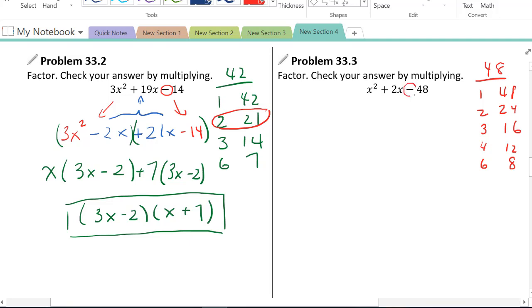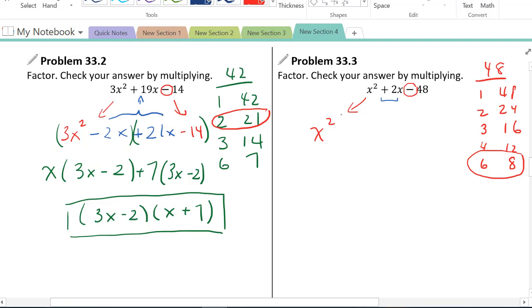It's a minus, right? So that means we need to subtract to make a 2. Which one of these subtracted gives me a 2? Well, it must be 6 and 8, right? 8 minus 6 is a 2. So you're just going to rewrite the first term again, same as usual, x squared. Now you got to make a positive 2 using 6 and 8.